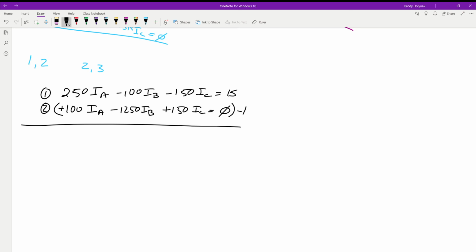Then we add them together, so we get 350 IA. We get a negative 1350 IB. The ICs will cancel, and that will be equal to 15.